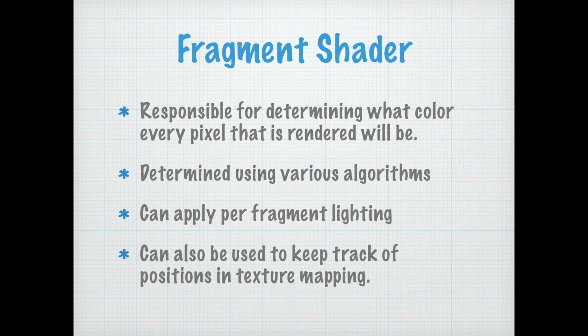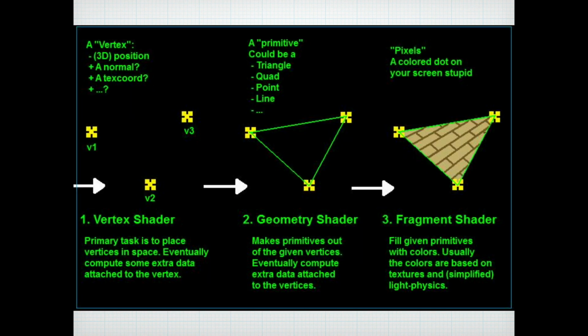So if you had a scene that had 3 different lights in it and you had a base thing that was purple, you would set the color to purple, and then you would apply an algorithm to it for 1 bit of lighting, and then the next bit of lighting, and then the 3rd bit of lighting, and then whatever that color actually was determined to be would then be output as the output to the Fragment Shader. So this will allow you to go in and do a lot of really interesting and intricate effects.